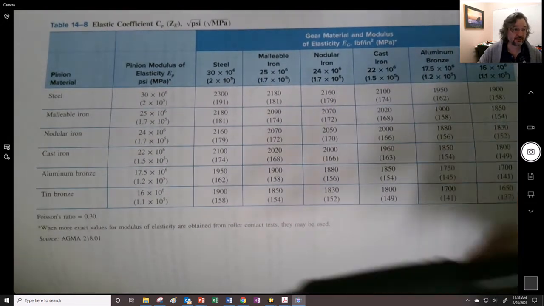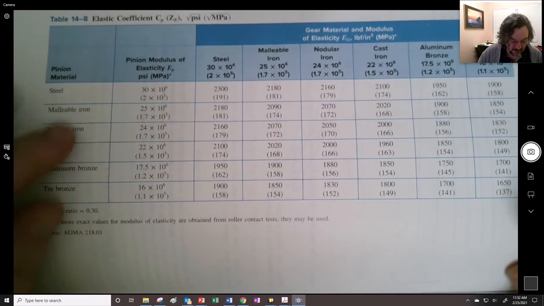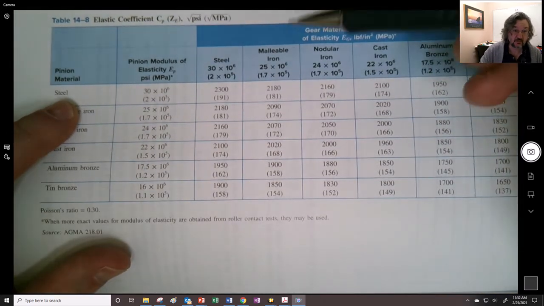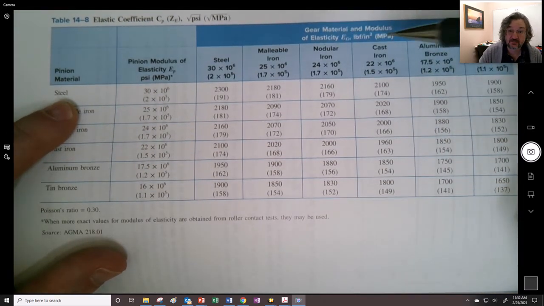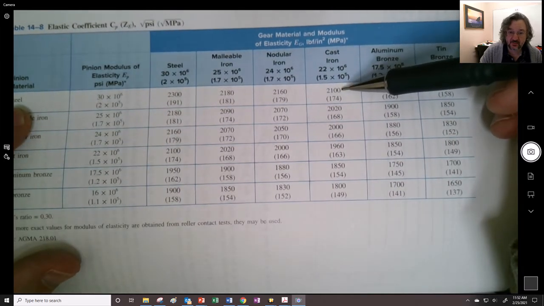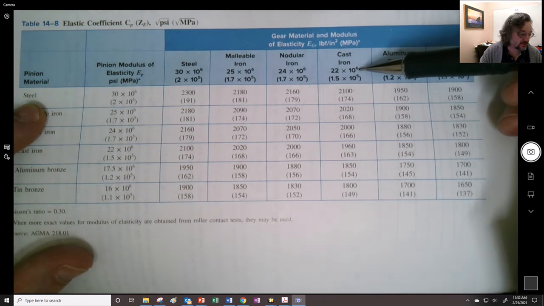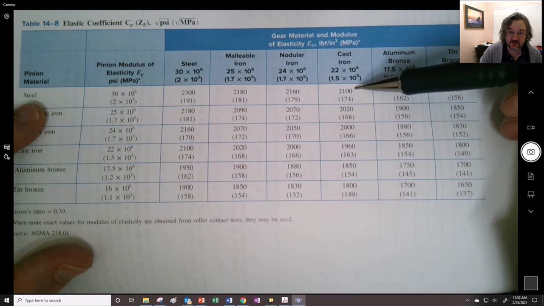So if you have a pinion material, and let's say that the pinion material is going to be steel, and we have cast iron right here, they end up coming up with 21, right? But they're using a different elastic modulus. They're using a 22E6 elastic modulus.